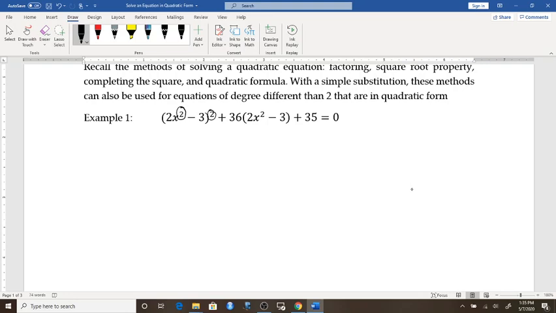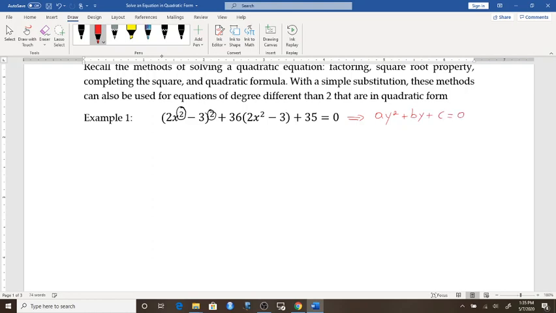So in order to solve it, we can make a smart substitution, and with this substitution we can rewrite this in quadratic form. Quadratic form means that we can rewrite this equation in the form a y squared plus b y plus c equals 0.